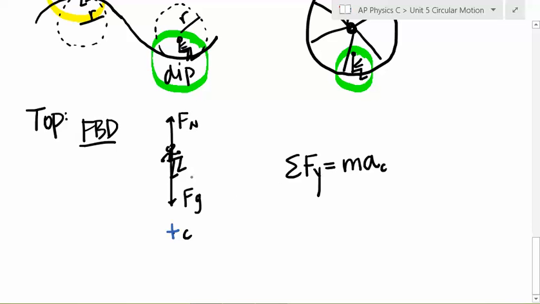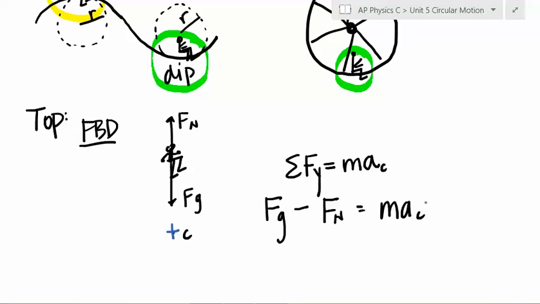So if I use the rule that towards the center is positive, then when I sum the forces, Fg minus force normal would equal MAC. Okay? That means that the net force would be positive, and the net force should be pointing towards the center, and towards the center is positive, so all my signs are in agreement.